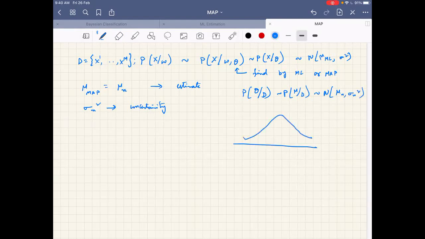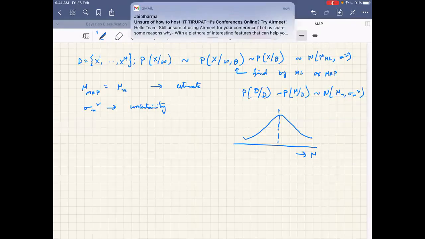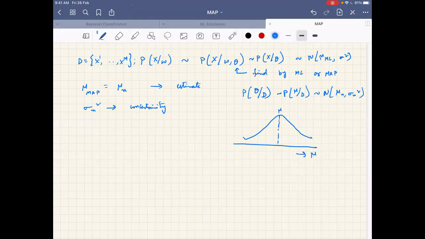If I sketch all the possible values of mu, I see that the MAP estimate is picking the best possible value of mu. The other values of mu are also possible. However, the MAP estimate picks the best possible value among them. Is this correct or not? Is this discussion clear?